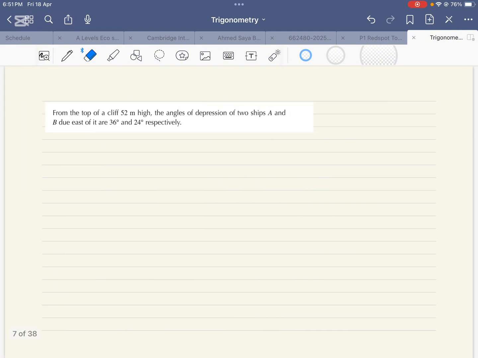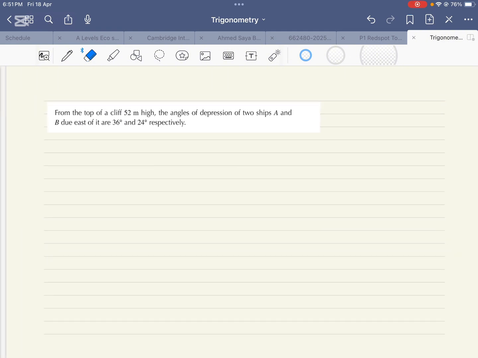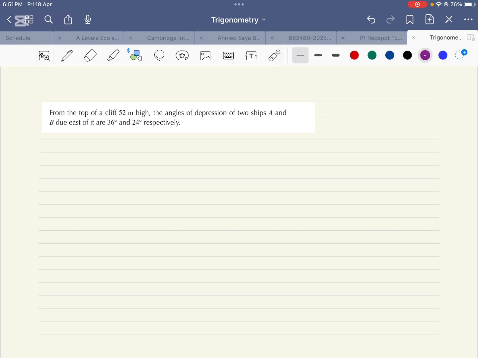Moving ahead, let's do a few exam style questions. From the top of a cliff 52 meters high, this is the cliff, and this cliff is 52 meters high. We are talking about from top of the cliff.